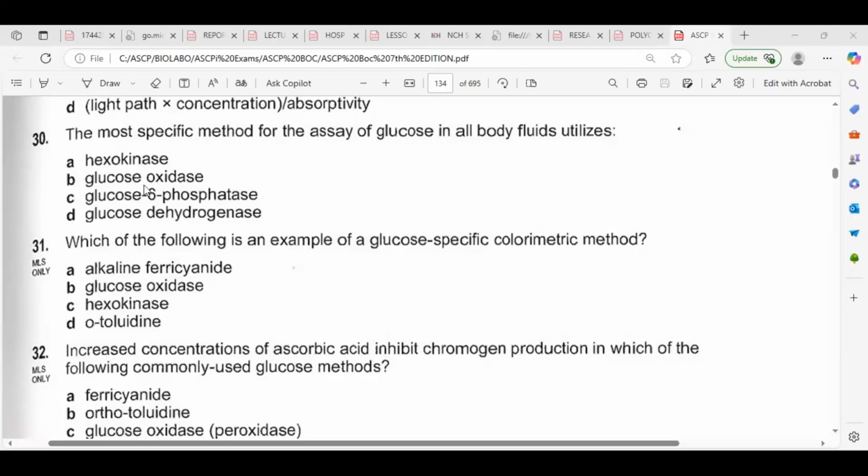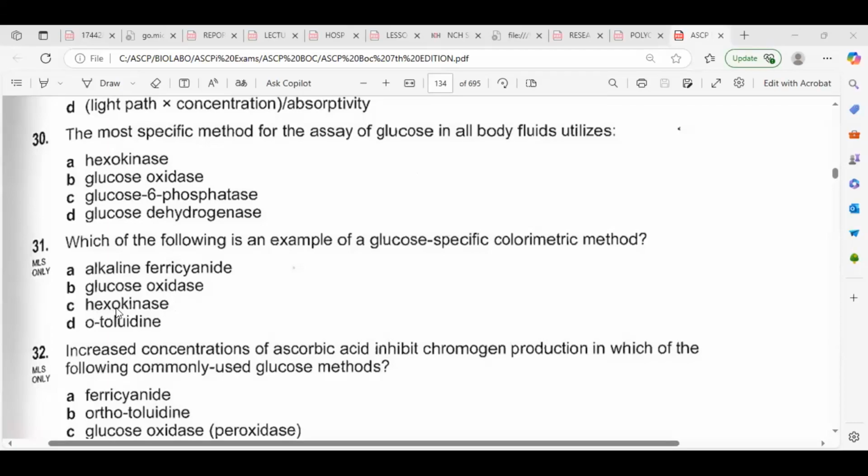I could be wrong, but I'm thinking it's about the product. Since we are using the colorimetric method, the glucose oxidase product is a colored product, so it can be measured colorimetrically, but not the hexokinase. I don't know. Do you know what hexo is?